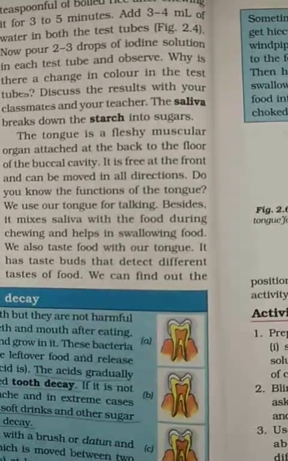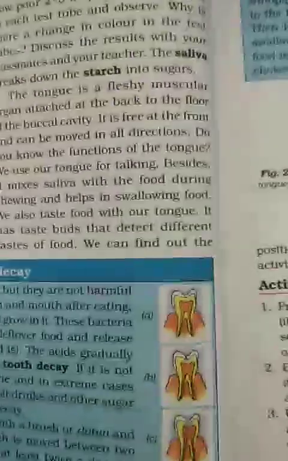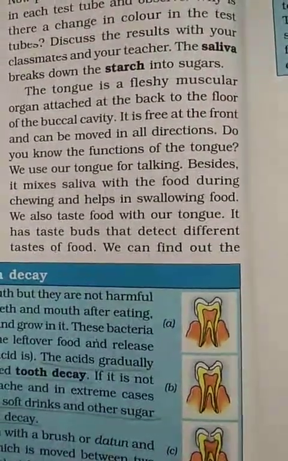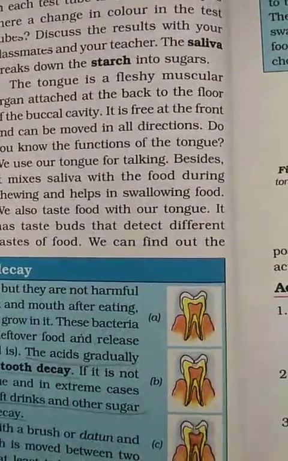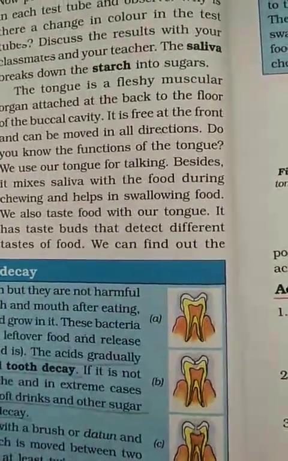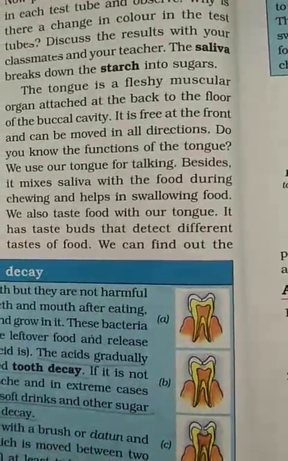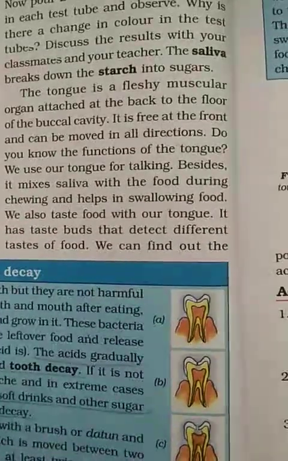The tongue is a fleshy muscular organ attached at the back to the floor of the buccal cavity. It is free at the front and can be moved in all directions. Just do it. Can you move your tongue in all directions? Yes, we can move our tongue up, down, side, everywhere.